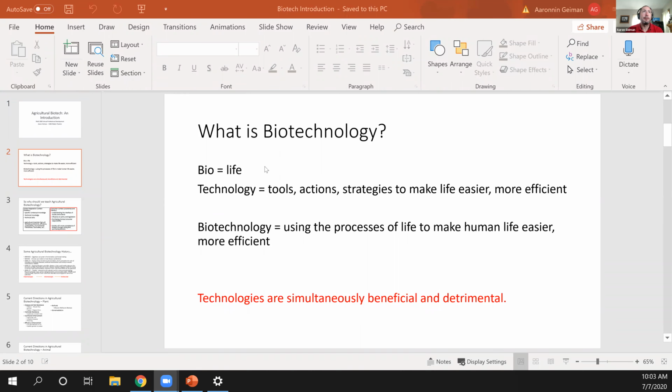We talk about the root words, word morphology. Biology is life, and technology is the things we do to make life easier. If we want to write something, we use a pencil, and a pencil is a piece of technology, albeit very, very, very simple technology. It still makes communicating easier and more efficient.